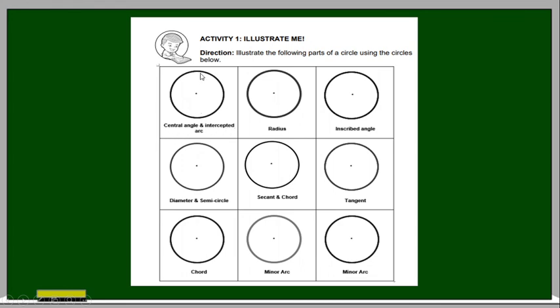So you are going to draw a central angle, radius, and then we have inscribed angle, diameter and semicircle, secant and chord, tangent, chord, minor arc, and we have the last one, major arc. So you are going to write your answers in a pad paper.